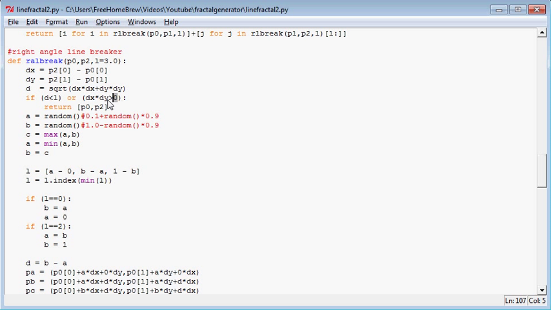I added this condition because if the line is horizontal, dx will have a value, but dy will be 0. So dx will be greater than 0 and dy will be 0, which means this will evaluate to 0 if it's horizontal, which means this condition will not be met, which means only if the line is smaller than L will it return these 2 points.